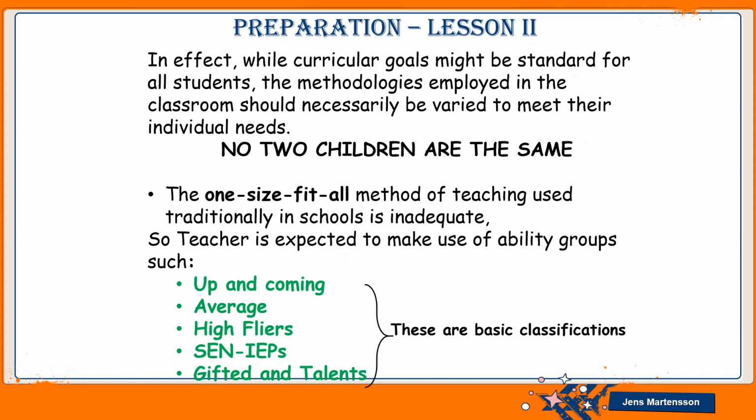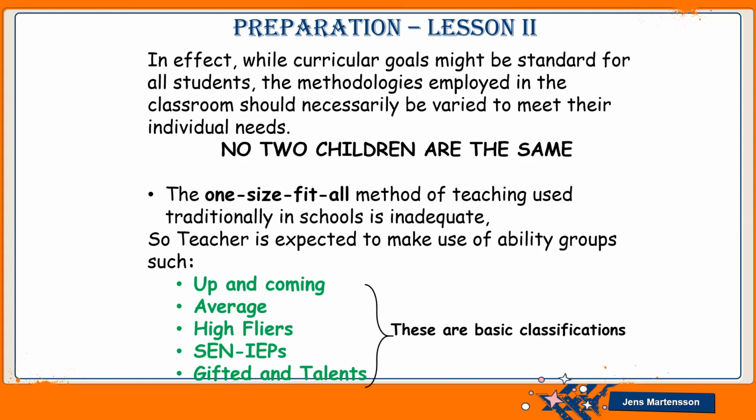I have said earlier, no children are the same, and no one size fits all. So we have children in these various categories. Some are up and coming. Some of you can call them slow learners, but I suggest that we do not call children such names because of the psychology, the way it plays in their mind. So you can refer to them as up and coming.